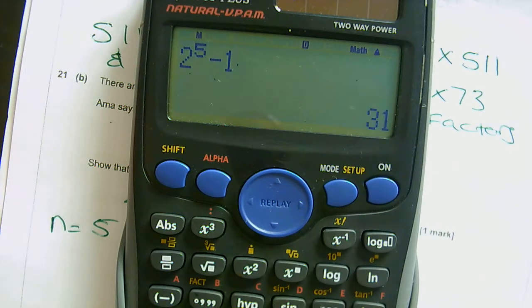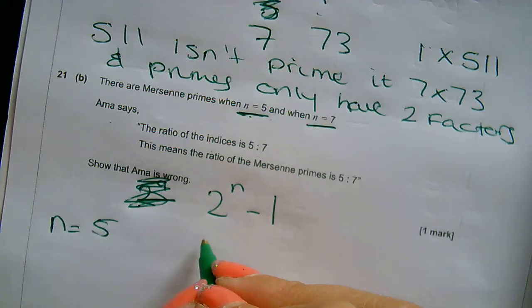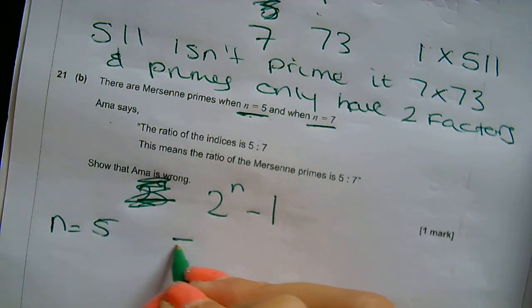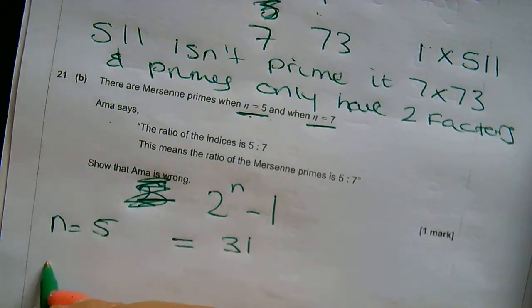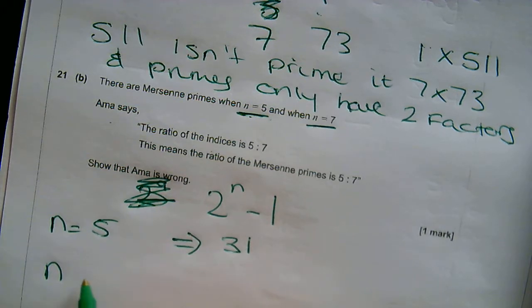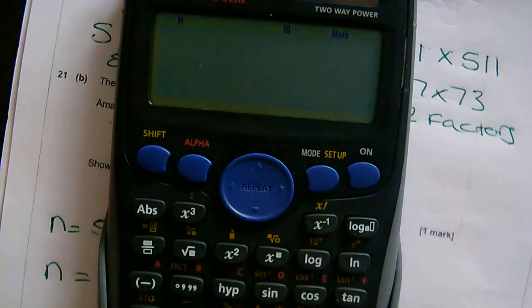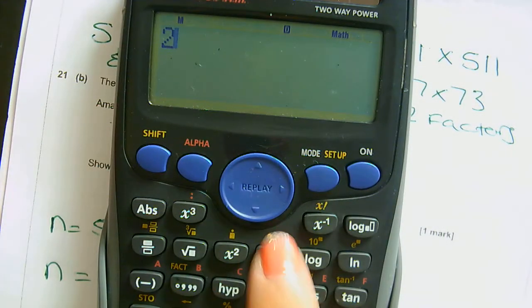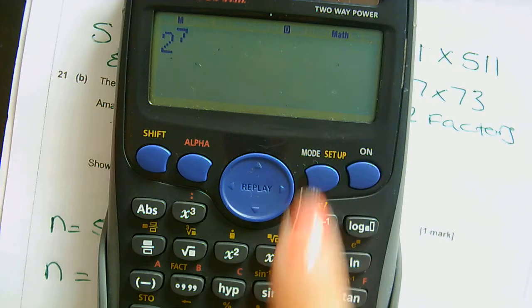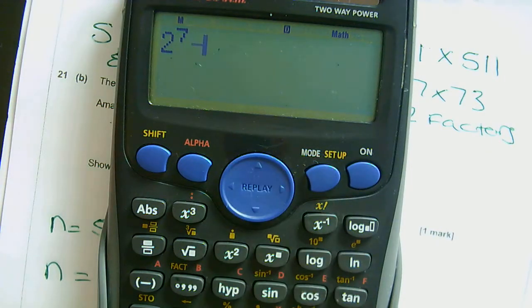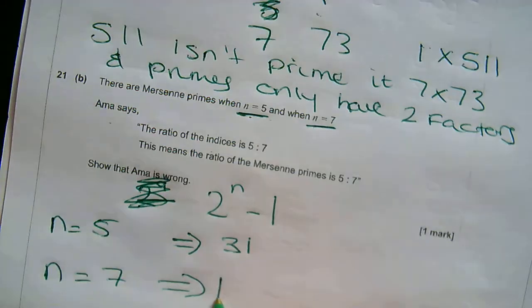Minus 1 is 31. And when n is 7, we get 2 to the power of 7, and then take off 1 from it, we get 127.